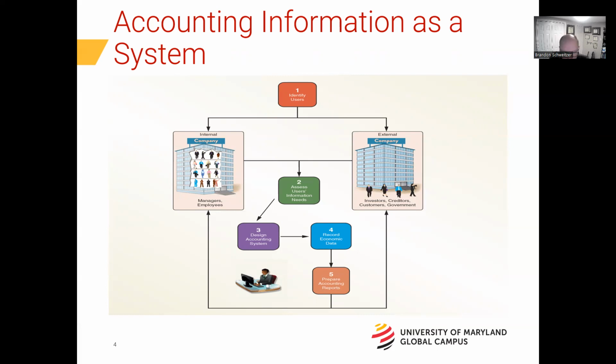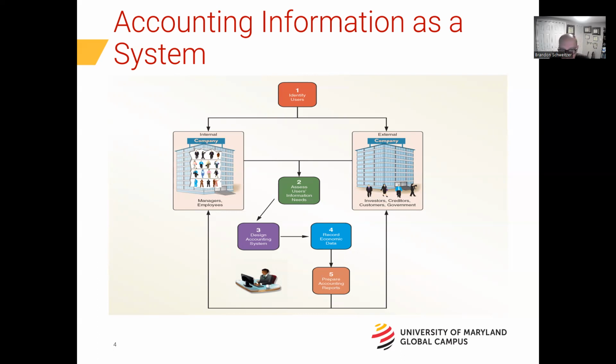In step 4, we're recording the business transactions that are then in step 5 displayed as the financial statements or other internal reports. And that information gets, of course, relayed to the users, whether they be internal, external, or both. And then it goes through the process again.